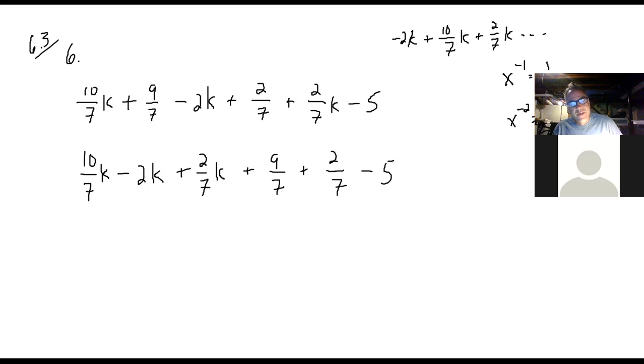Okay, so back to this problem. I'm now going to combine these three. What I'll end up doing is I'll write k, and I'm doing the arithmetic of 10 sevenths minus 2 plus 2 sevenths. I'm just adding up those numbers.